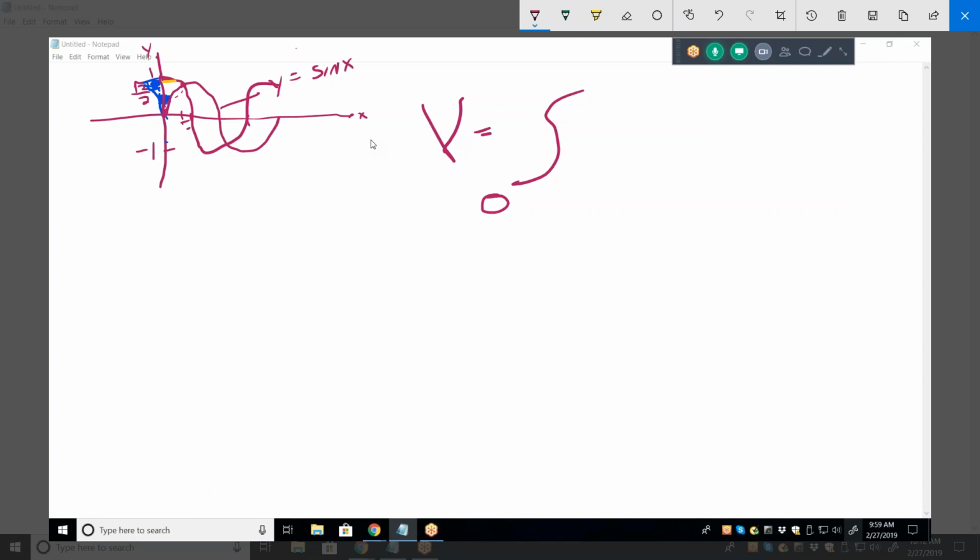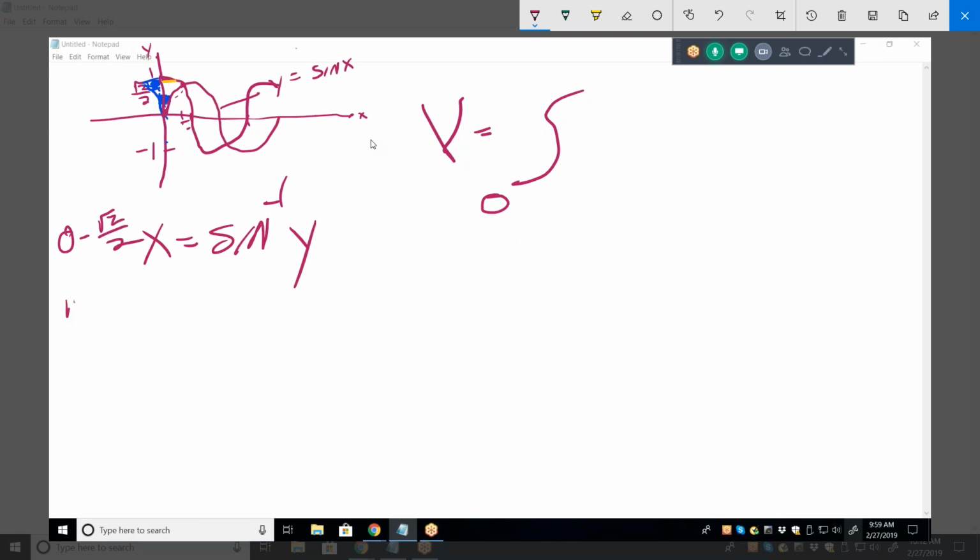To 1. Well, the problem with that is from 0 to root 2 over 2, x is the inverse sine of y.